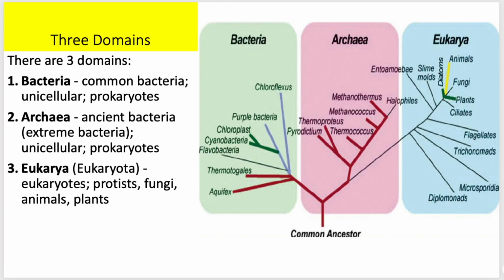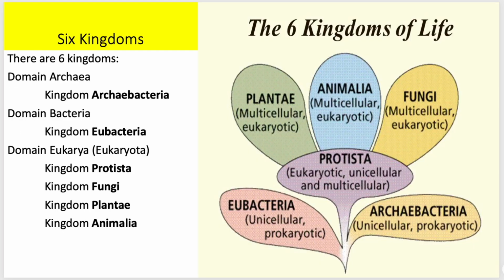Bacteria, archaea, eukarya. The 6 kingdoms, these are the 6 kingdoms. 2 of them you can remember because they're just based on the domain names that they come from. So for example, archaea is one of the 6 kingdoms. It's called Archaebacteria. And the second of the 6 kingdoms is eubacteria, which is just from the domain bacteria.